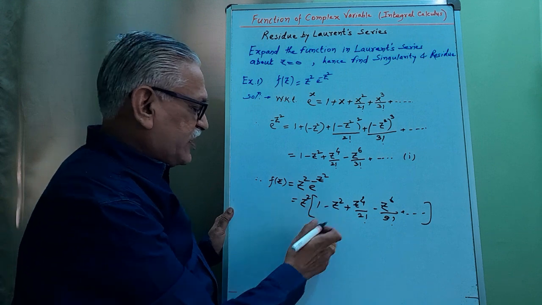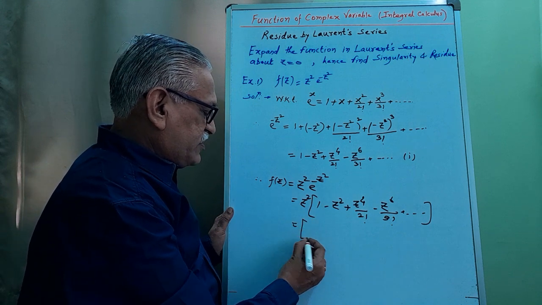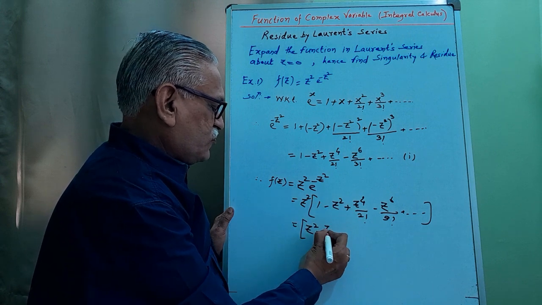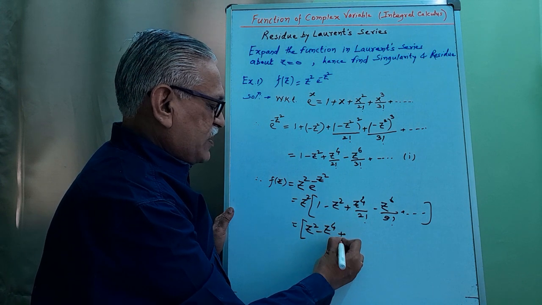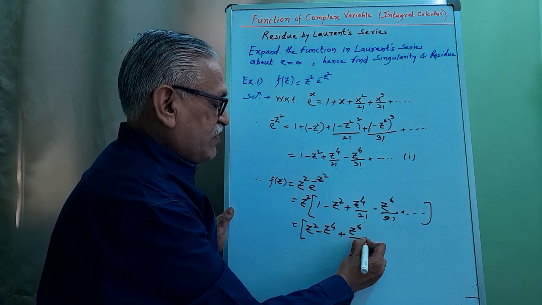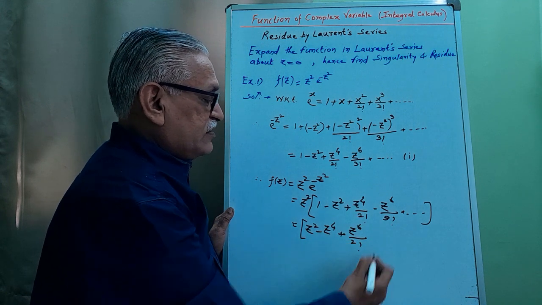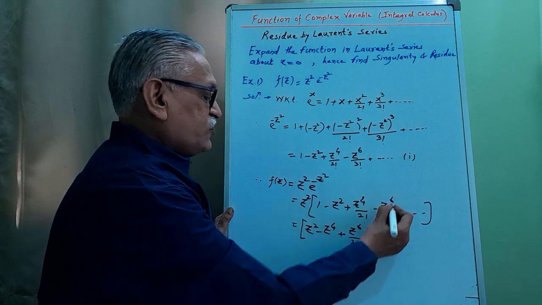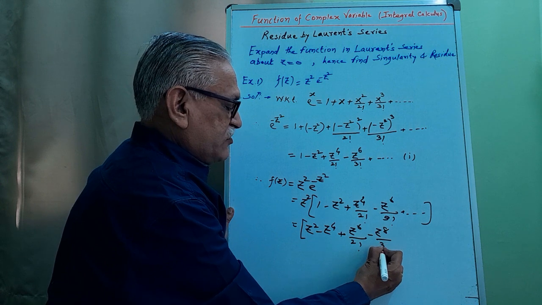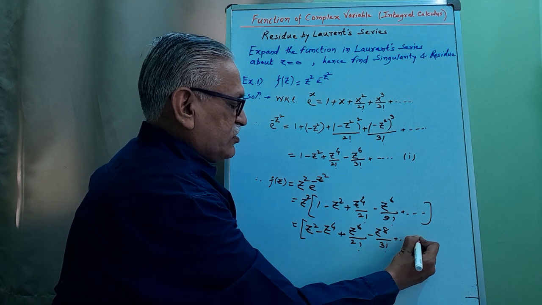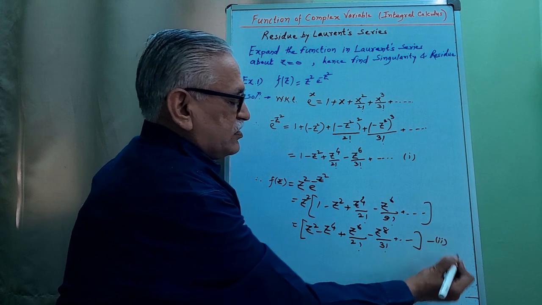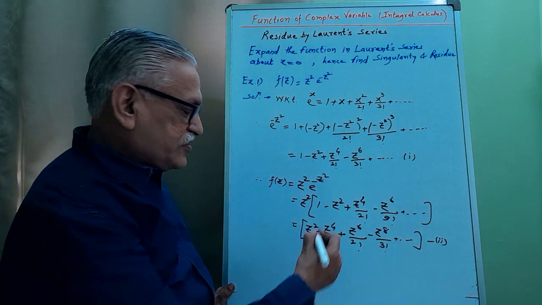Multiplying by z square inside the bracket, we get the first term as z square, next one as z raised to 4, plus z raised to 6 by 2 factorial, minus z raised to 8 divided by 3 factorial and so on. Equation number 2. This is the required Laurent series.